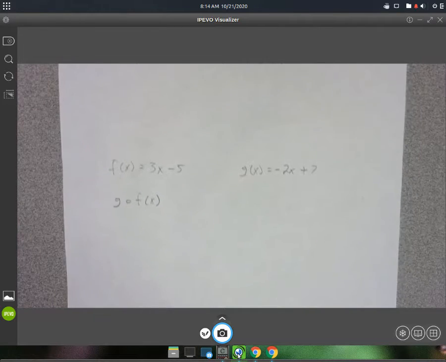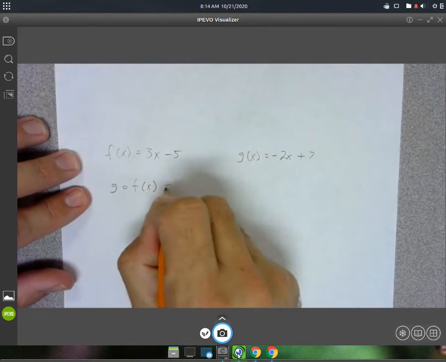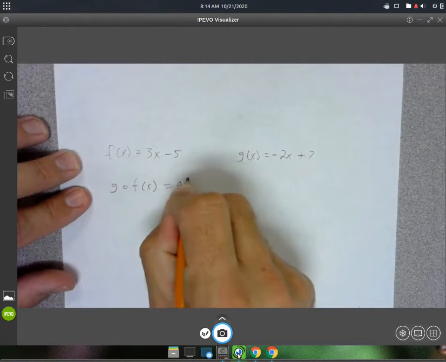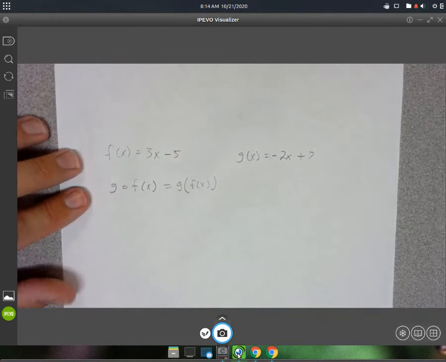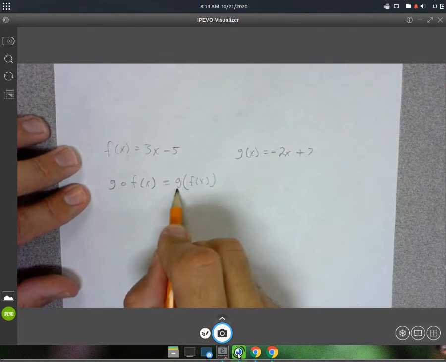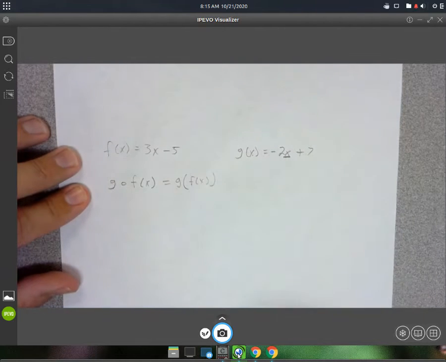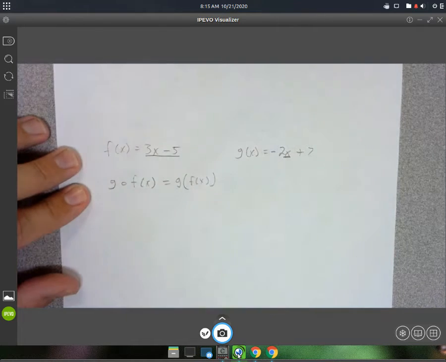Okay, let's try another one here. This time, if I rewrite that, instead of g composed with f of x, we'll just say g of f of x. So we're going to go up to the g function, but replace that x with f of x, which is this whole 3x minus 5 mess.